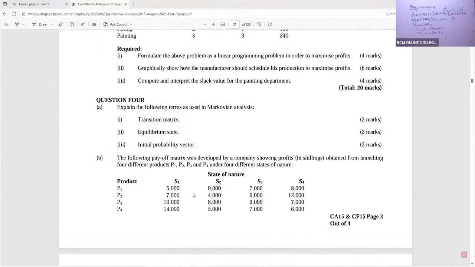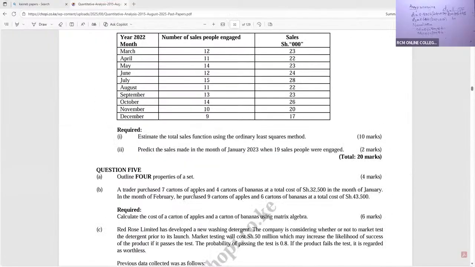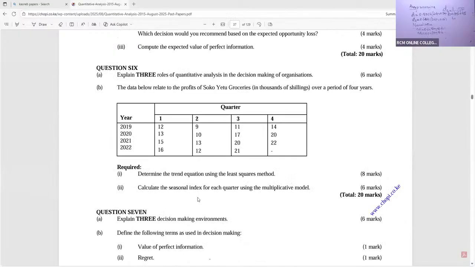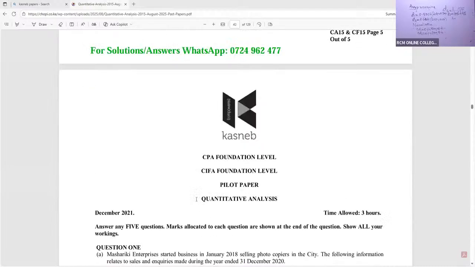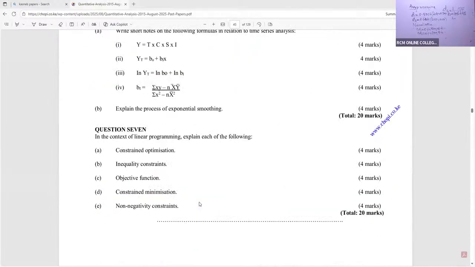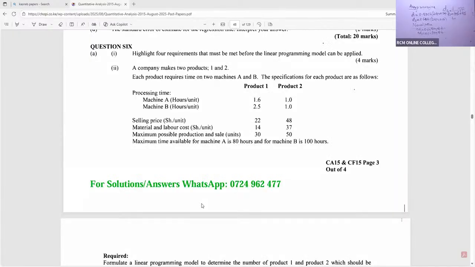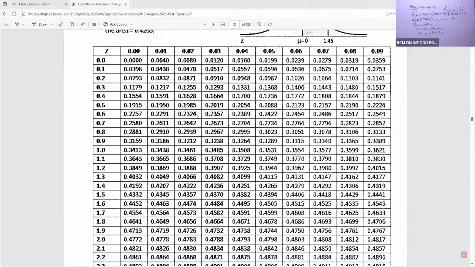Get used to it. If you have a calculator and you know how to use it, that's the very best. But that means buying another type of calculator, which will currently cost you about 3,000 shillings.